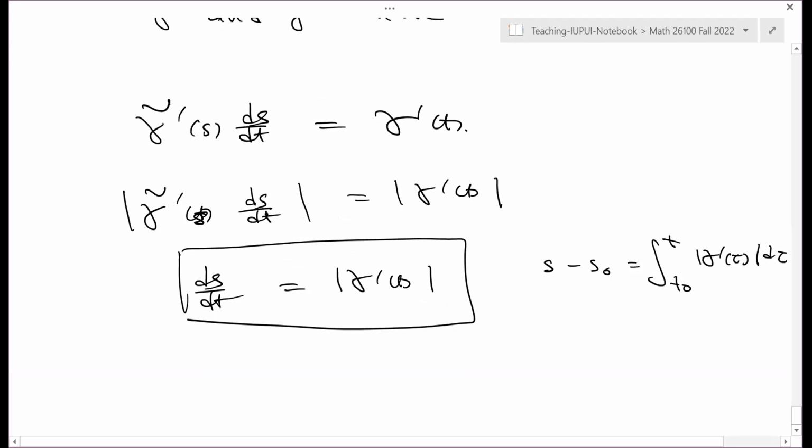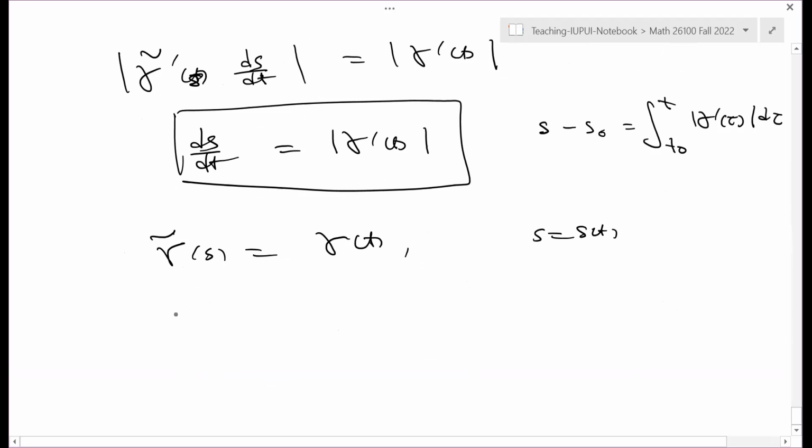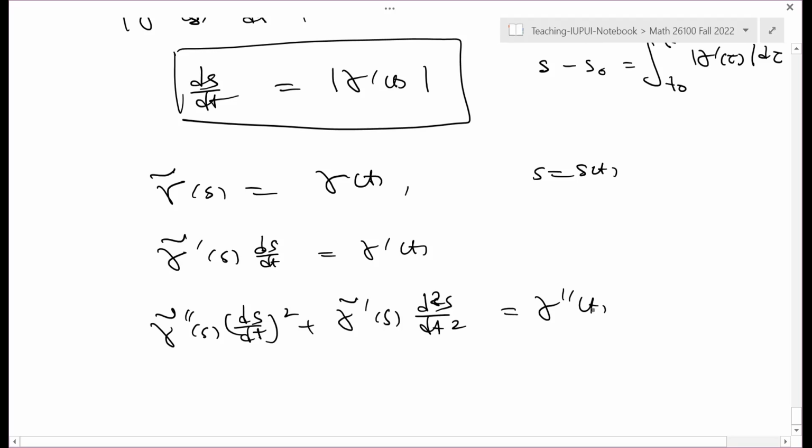All right, so we got this. Then, yeah, let me go back to this. This is my formula, right? Just simply, remember S is a function of T, right? All right, so I'm going to differentiate with respect to T, and dS/dT, that's the relationship, then I differentiate twice. But then I have the product rule.